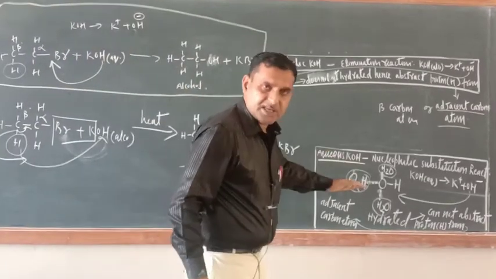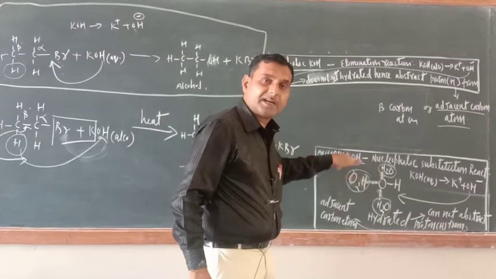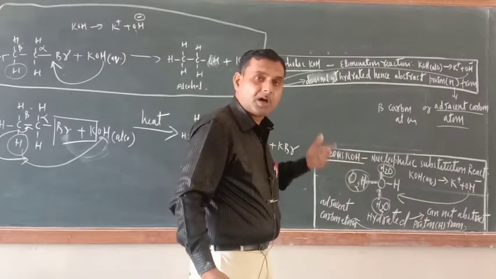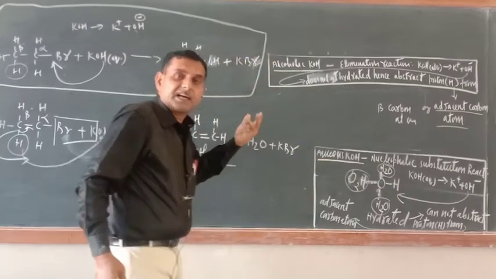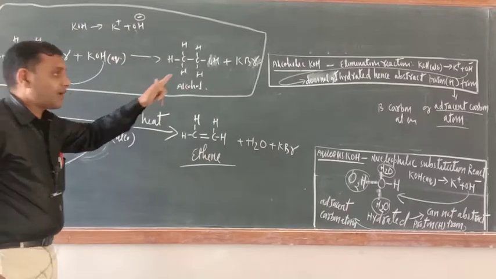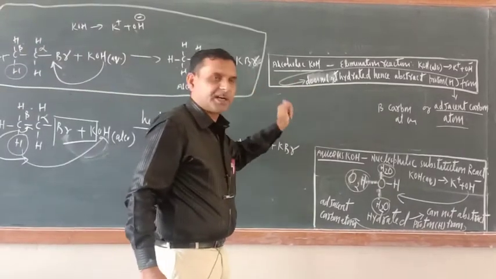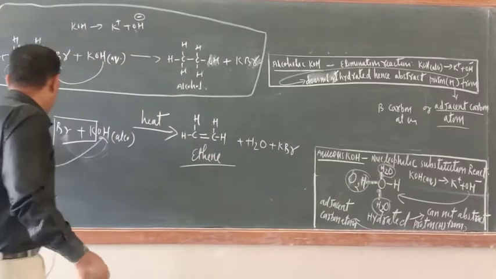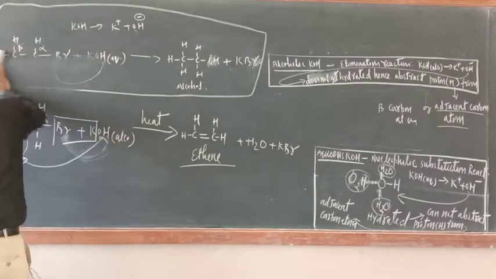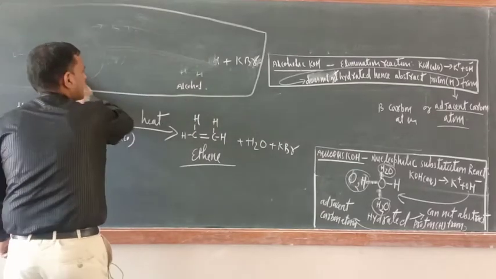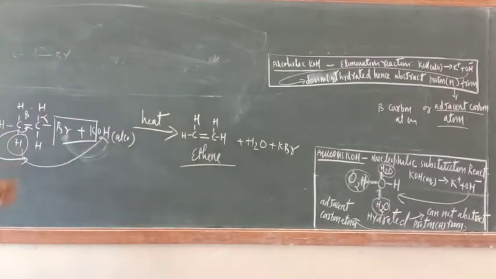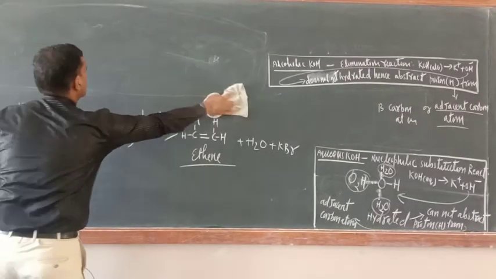In aqueous KOH, the OH nucleophile is hydrated by water molecules, so it is not free to abstract a proton; it can do only one thing, the substitution of Br. In alcoholic KOH, it is not hydrated, hence it is free to abstract this proton. This one you have already studied in nucleophilic substitution reaction, and for elimination reaction you require only this reaction.